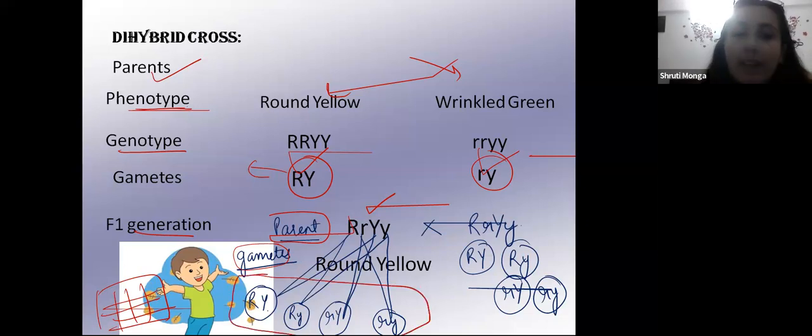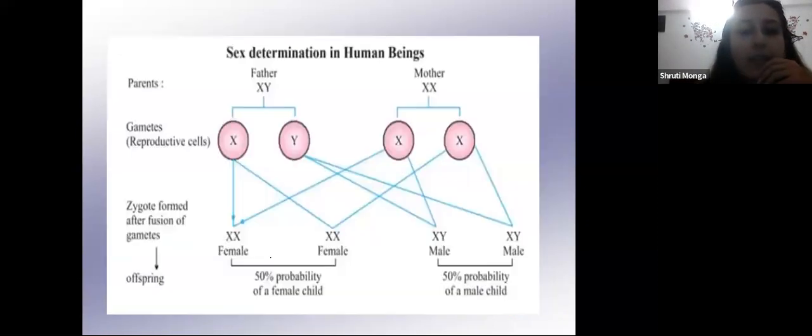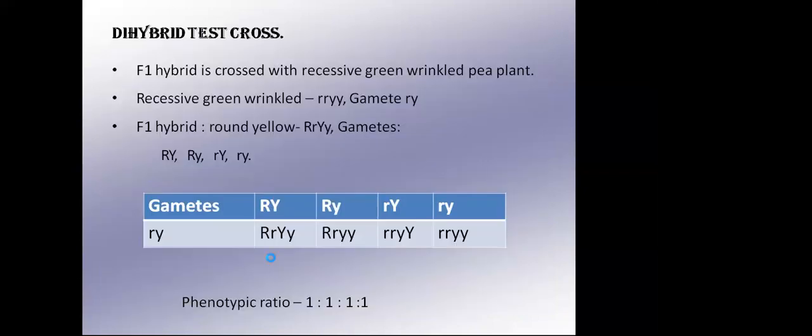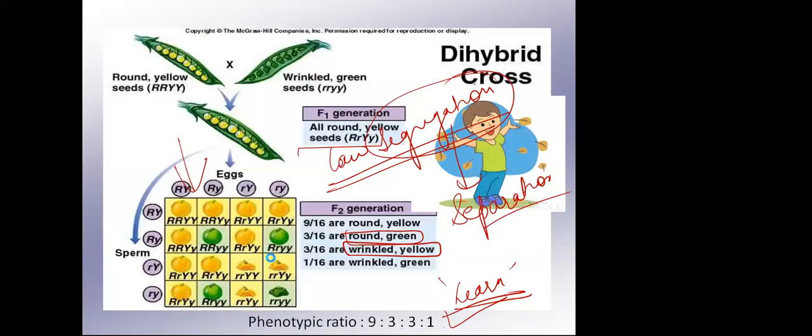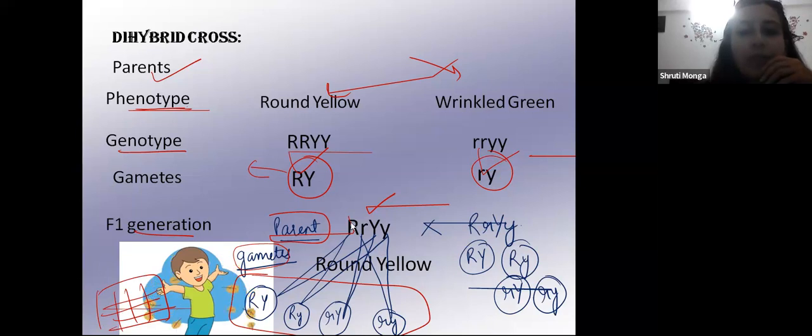Tell me, round apart from yellow got a new friend. Who is that new friend? Are you not able to understand what I'm saying? Okay, let me come to this.